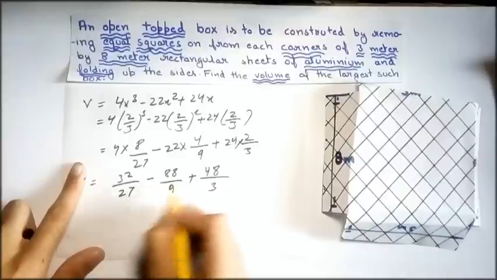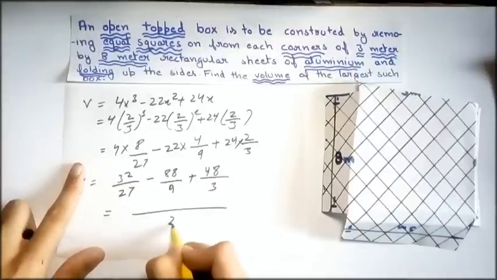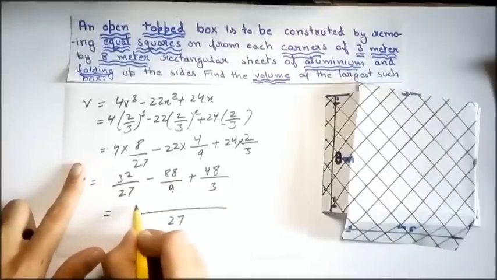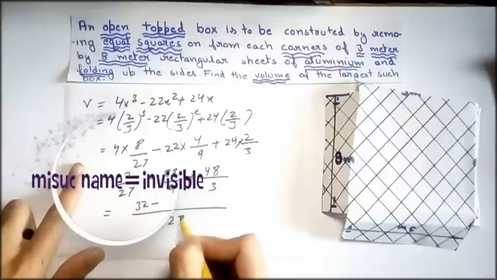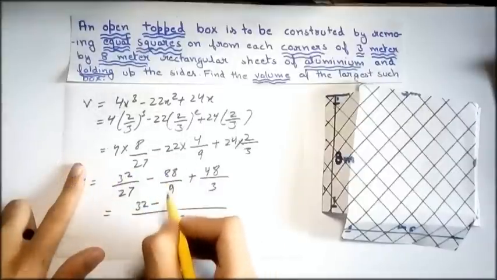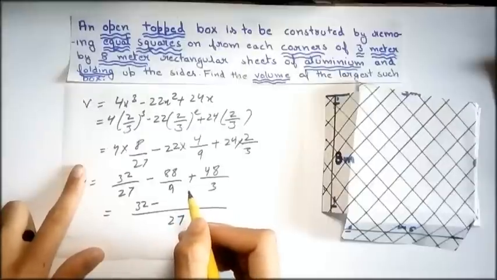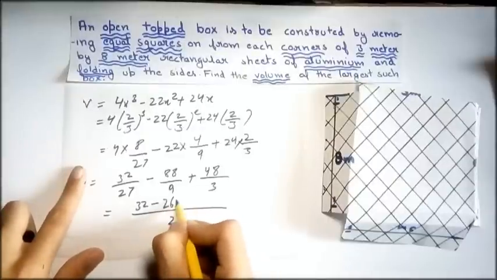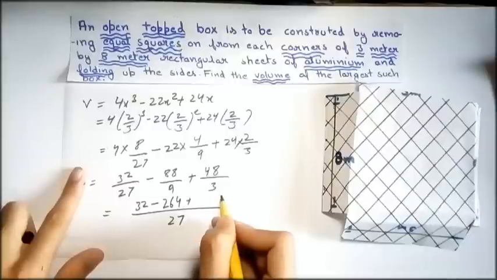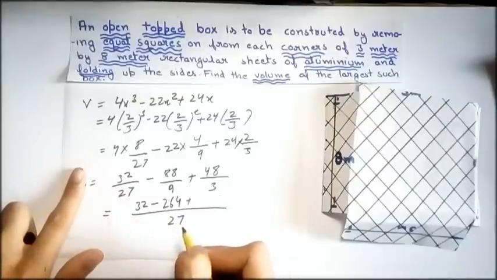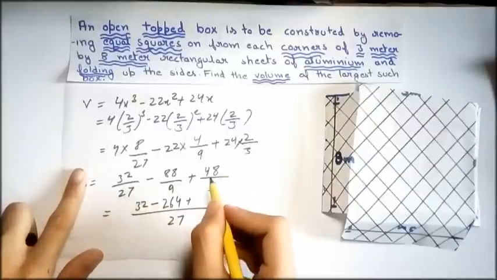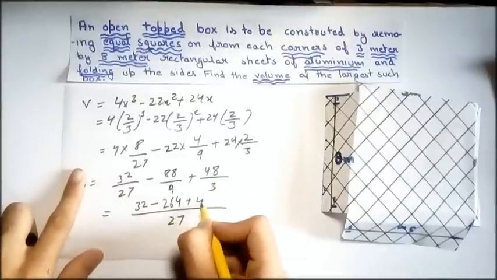Now we will take the LCM of this, that is 27. 32 minus 88 multiplied by 3, which is 264, plus 9 multiplied by 48, which is 432.